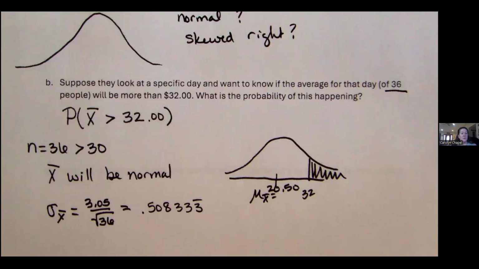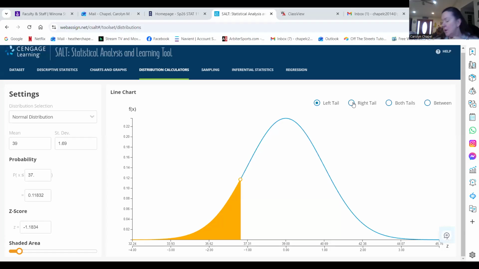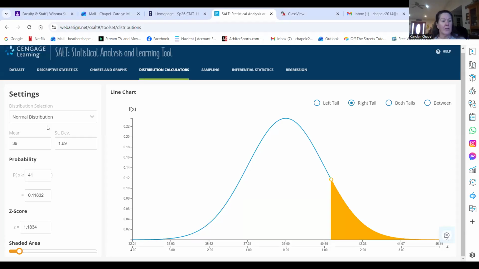Again, I'm going to go to SALT to do the work for me. Going back to SALT. Here we will this time be using a right tail because we were looking at more than 32. My mean for this problem is $20.50.